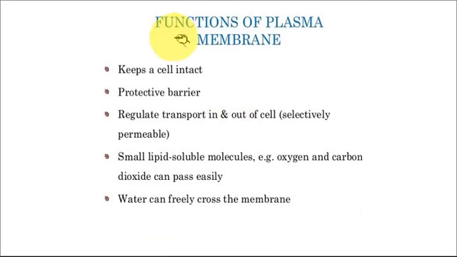Lastly, if you look at the functions of the plasma membrane, the first thing is that it keeps all the cells intact. It gives mechanical support by keeping all the cells present in the tissue collectively intact. Second, it is a protective barrier, where the plasma membrane protects the inner components, the cell organelles and the main protoplasm, from the attack of pathogens or any toxic material.